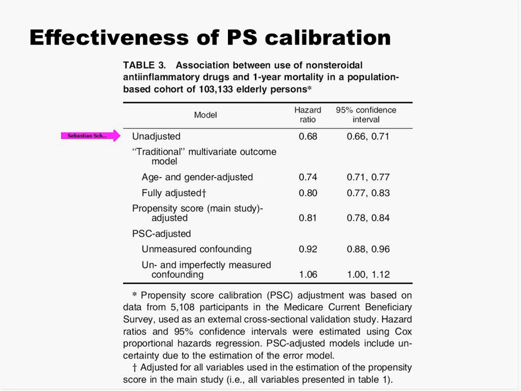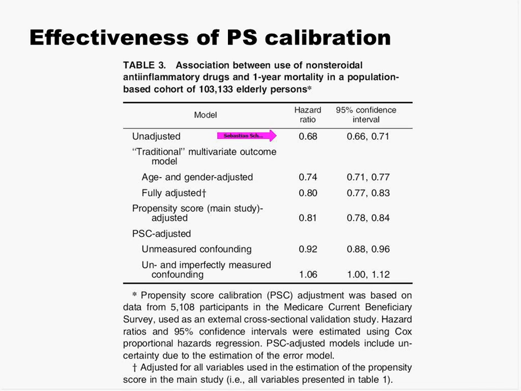It's biased because if you are close to death's door, you're probably not tinkering a lot with NSAIDs anymore. You're already on opioids or other pain medications, at least more likely, and that is triggering this spurious protective effect of NSAIDs. It's a healthy user bias.